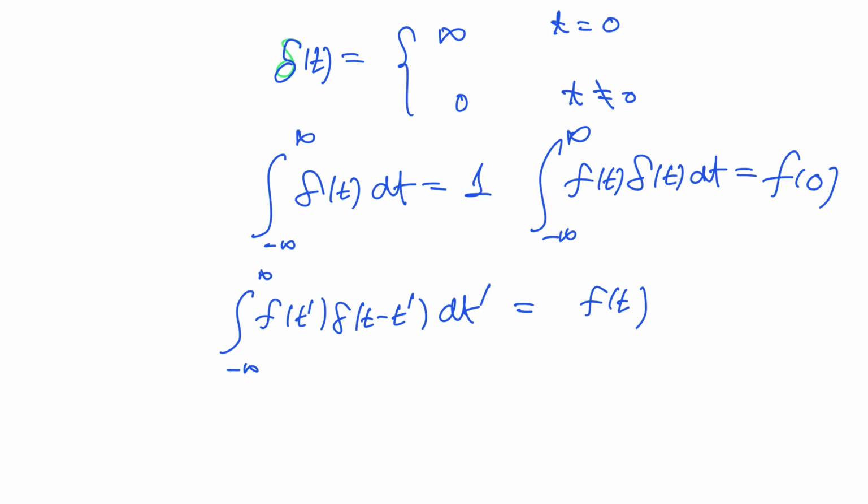So certain functions have this property. For example, consider some function g epsilon of t as 3 over 4 epsilon cubed times epsilon squared minus t squared.